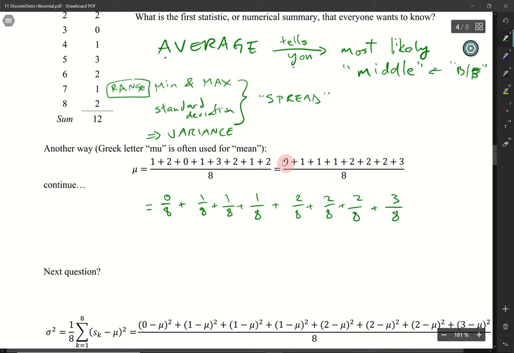So if we add all of these up and then divide by 8, we could say divide by 8 first. We could say 0/8 plus 1/8 plus 1/8 plus 1/8, so we've got 3 of those, and then plus 2/8 plus 2/8 plus 2/8, so we've got 3 of those, and then plus the last 3/8. That will give us the same number also, right?